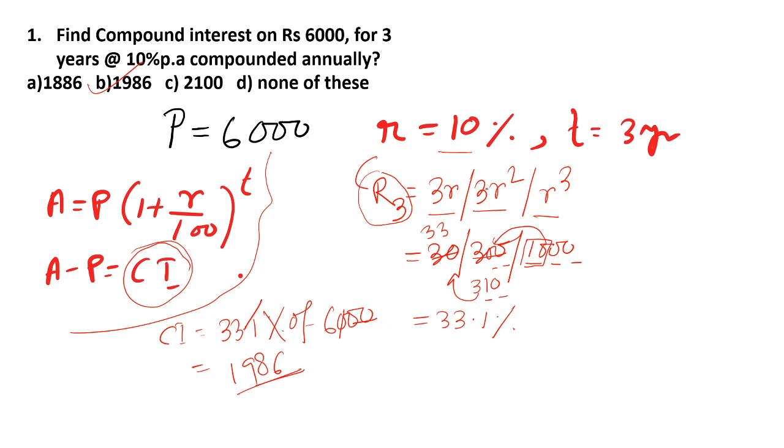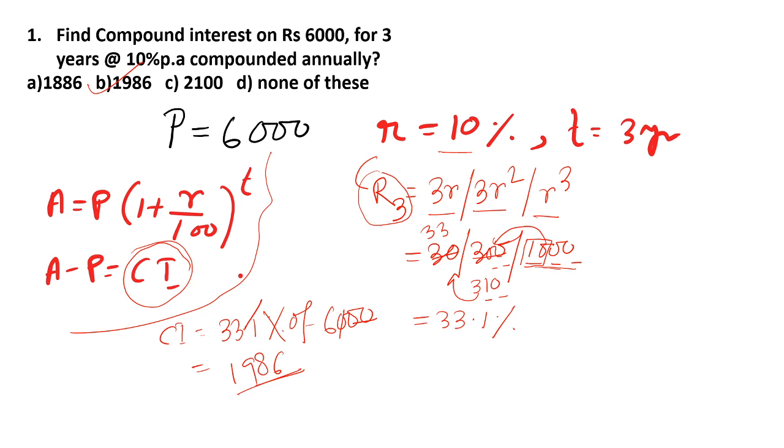For the new students, I am repeating this: 3R by 3R square by R cube. In each block there are actually 2 digits, and if there are more than 2 digits in a block, then the leftmost digits apart from 2 will be carried forward to the left side. Here it is 10 cube, so it is 1000, 2 zeros will be there, and the tens will be carried forward to this side.